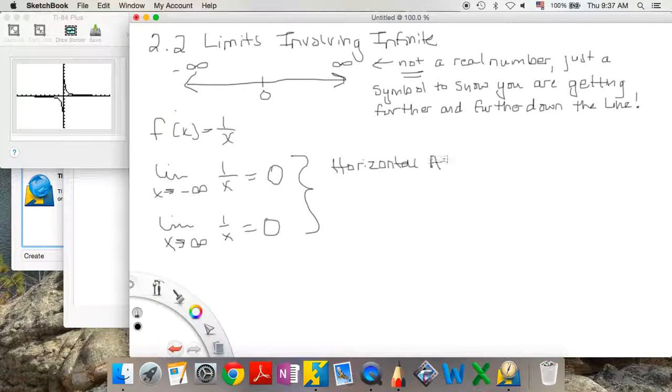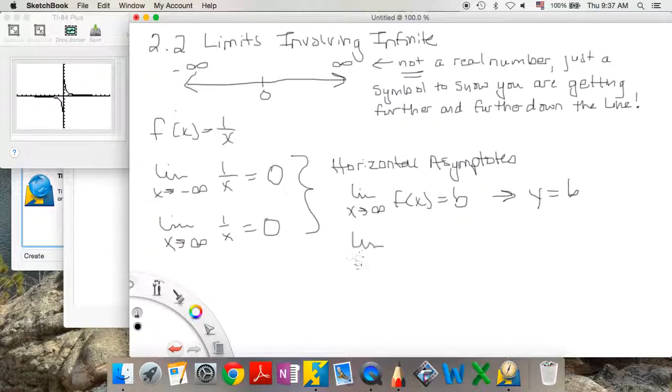Now remember, we talked about horizontal asymptotes some before, and we've pointed out that you can cross a horizontal asymptote, but a horizontal asymptote tells us about end behavior. So if you have the limit as x goes to infinity of a function equals some number, then you have a horizontal asymptote of y equals that number.